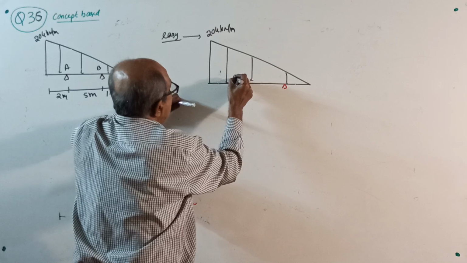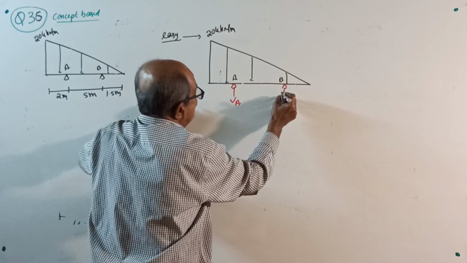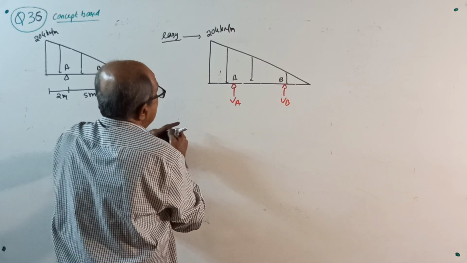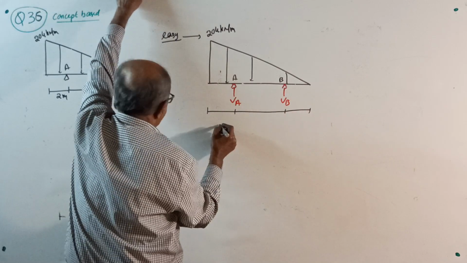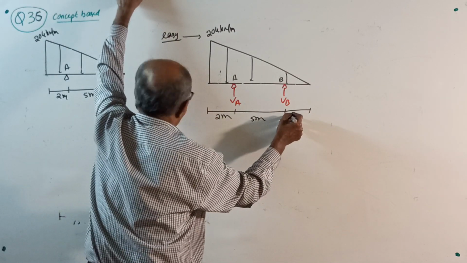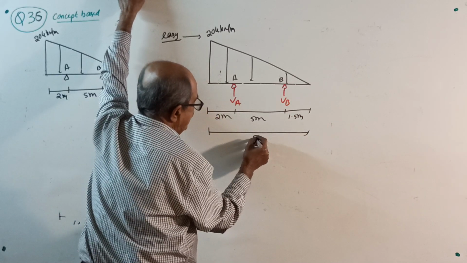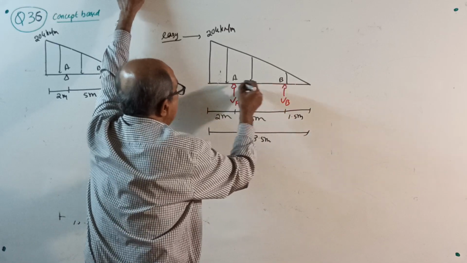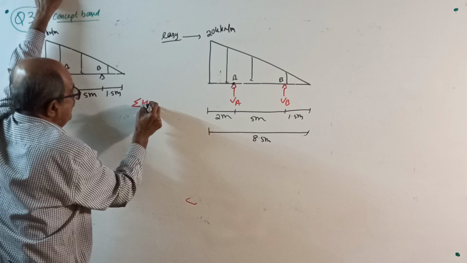This is A, this is B, this is VA, this is VB. Distance wise, this is 2 meter, this is 5 meter, this is 1.5 meter. If you want the entire length, it is 8.5 meter. See, take moment about A. Sigma M about A equals 0.